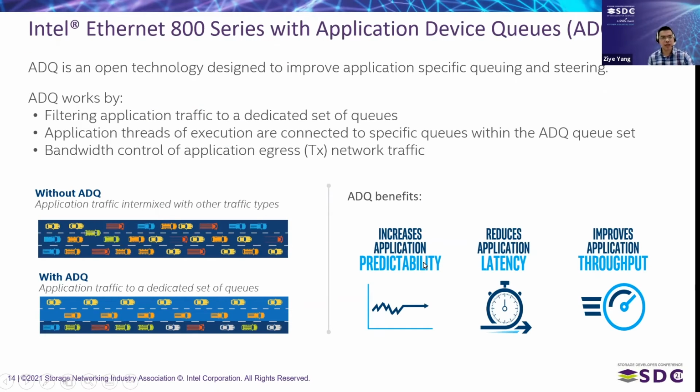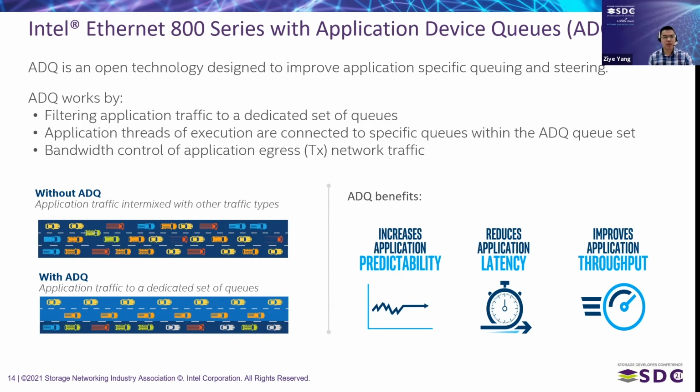And this page has a very brief introduction of the ADQ feature, the Application Device Queues feature in Intel's Ethernet 800 series. Actually, we had a brief introduction last year. ADQ is an open technology designed to improve application-specific queuing and steering. The core of the ADQ technology is that it can filter application traffic to a dedicated and isolated set of queues in the NIC.